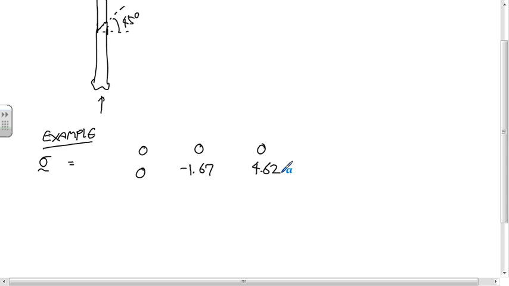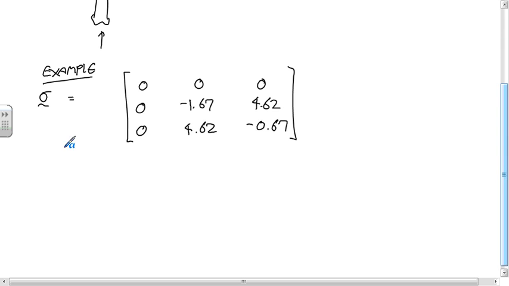That's not possible. Well, let's go 0, 4.62, negative 0.67. And I want you to find the principal stress tensor.